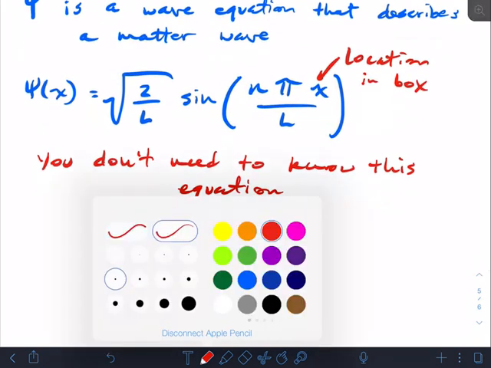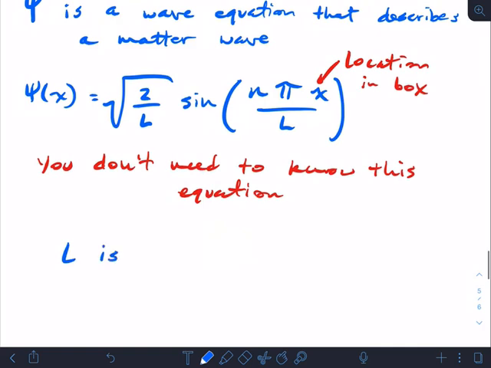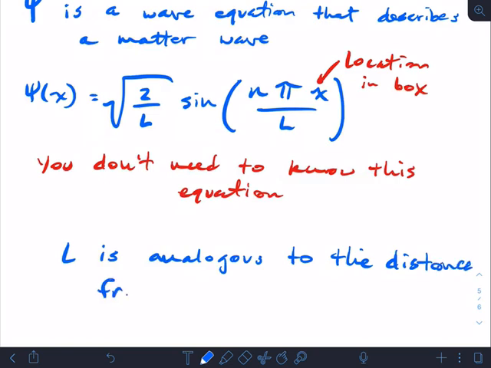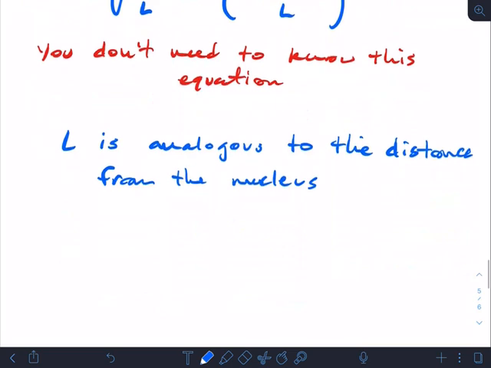The reason is that L is analogous to the distance from the nucleus. If my particle is an electron, L is basically the size of my atom, and I can use the equation of psi to figure out where my electron is.